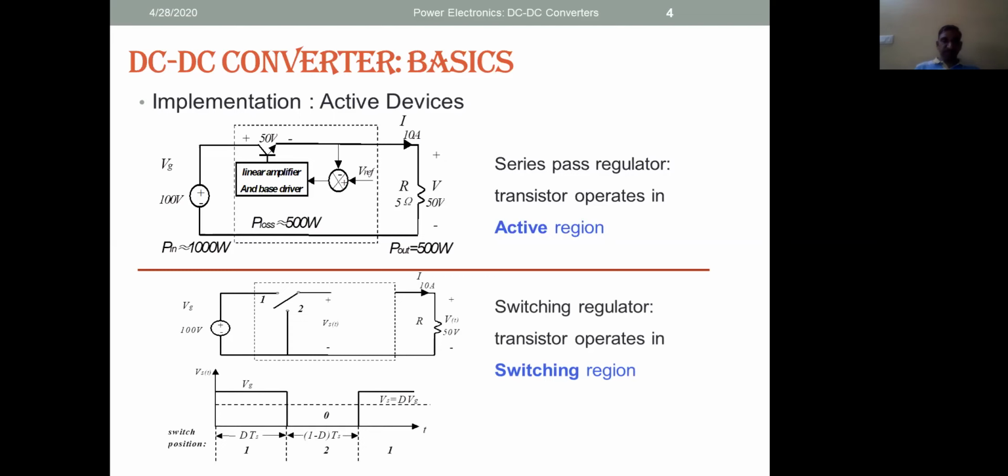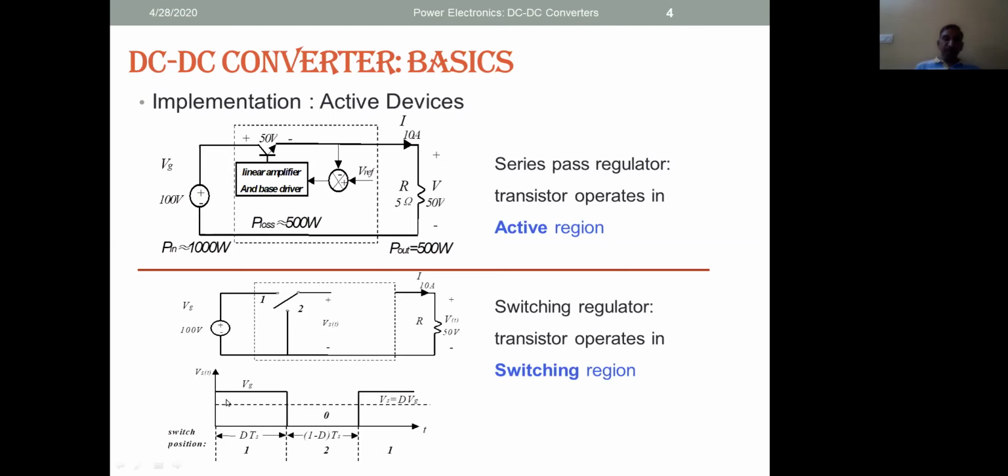The circuit is connected. And the output is, when the switch is connected and the load is getting power from the source, you can see that this VG, generator voltage, appears across the load for some time. And when the switch is off, means it is connected to terminal 2, there is no load voltage, the load is disconnected.